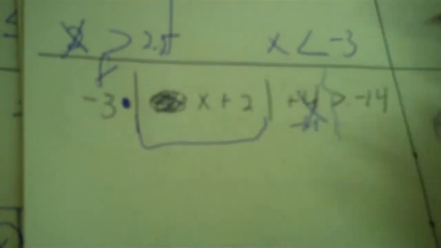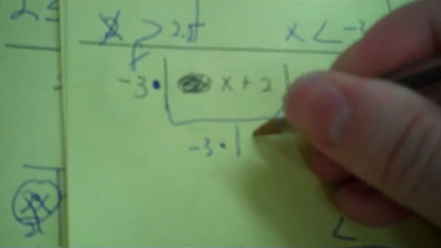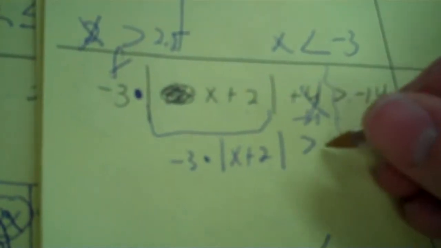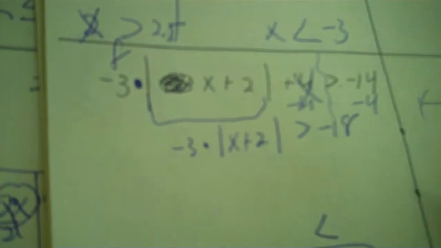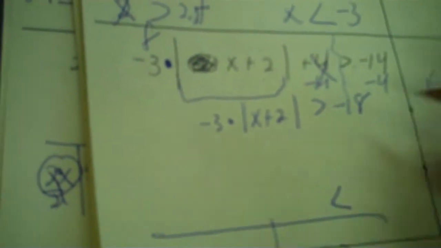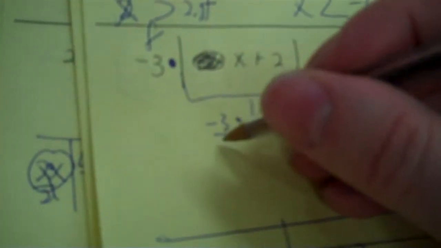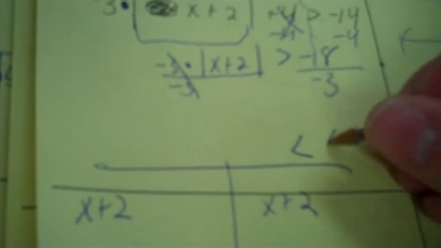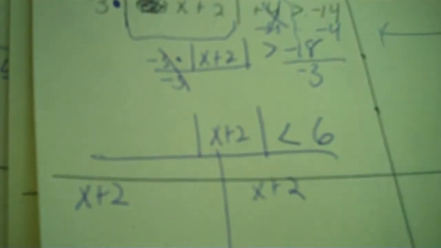First I subtract 4. So -3 times absolute value x plus 2 greater than -18. Again, I'm adding, subtracting, I just line the same sign up. Now it's dividing time. And that's 6. Absolute value x plus 2. Okay.